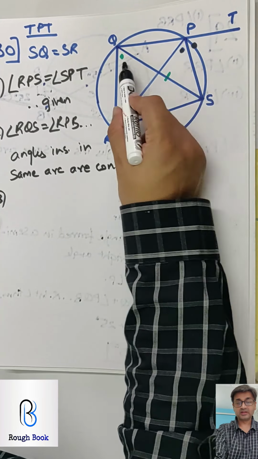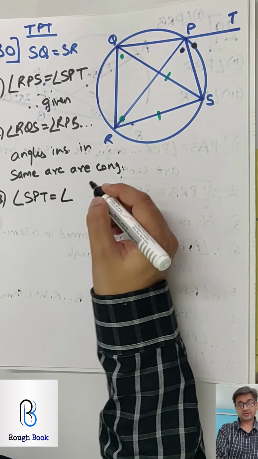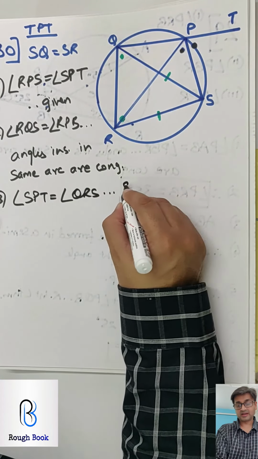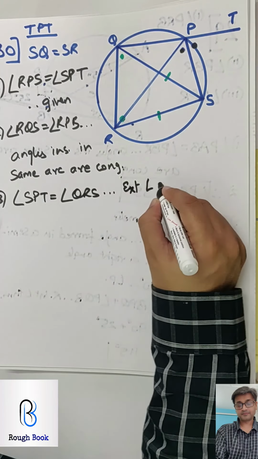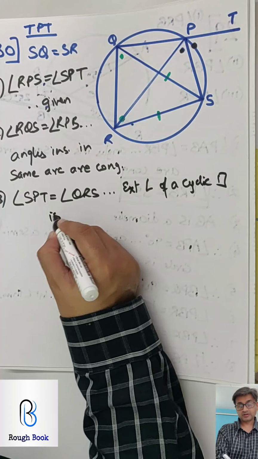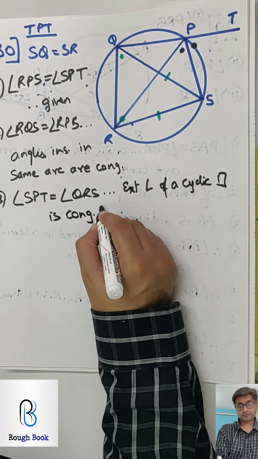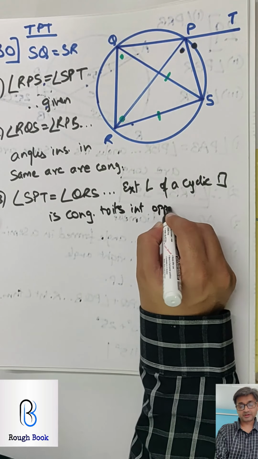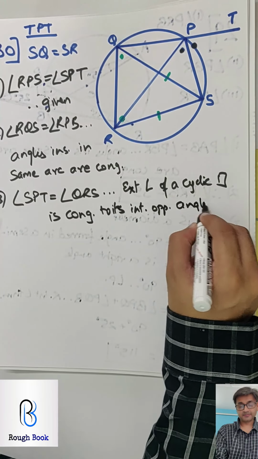So angle SPT is equal to angle QRS. Reason, exterior angle of a cyclic quadrilateral is congruent to its interior opposite angle.